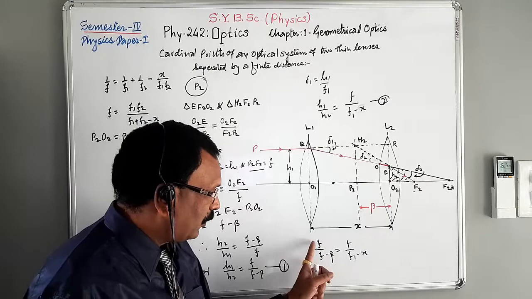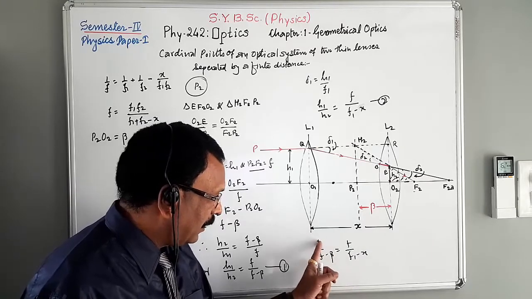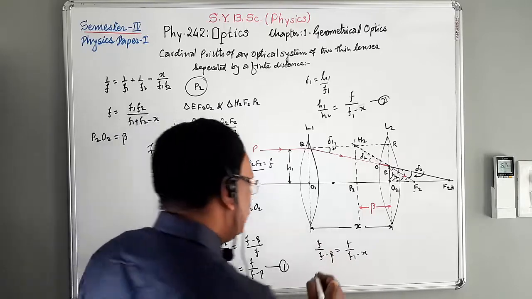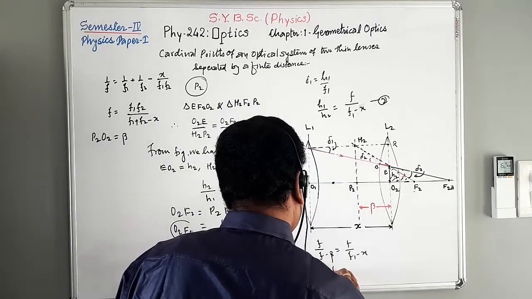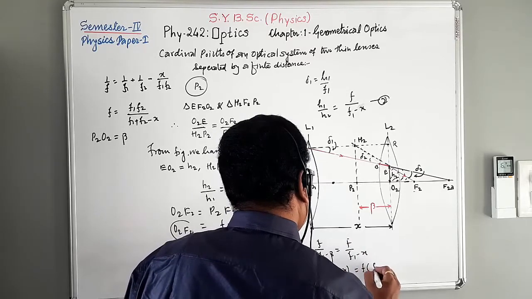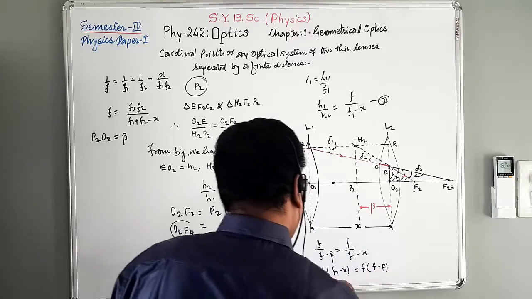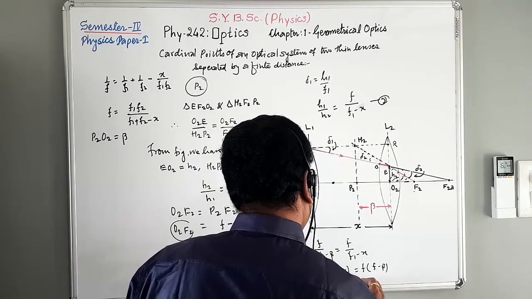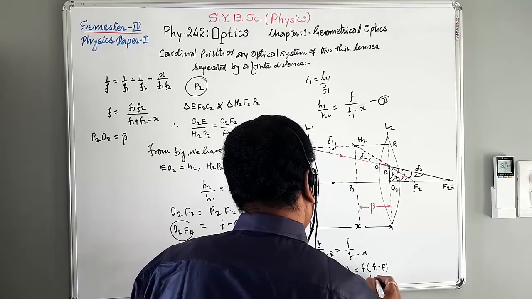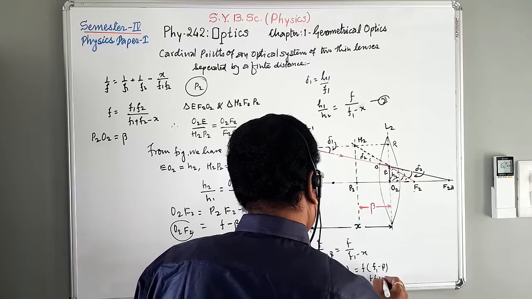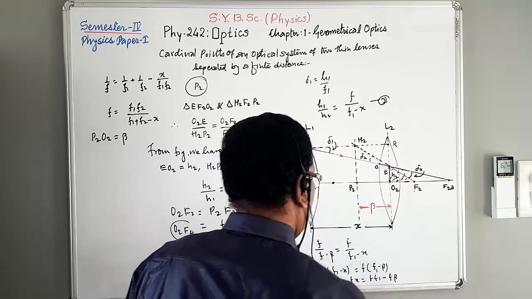Take the cross multiplication: F into F1 minus X is equal to F into F minus beta. Solve this. We have F1 minus F into X is equal to F1 minus F beta.